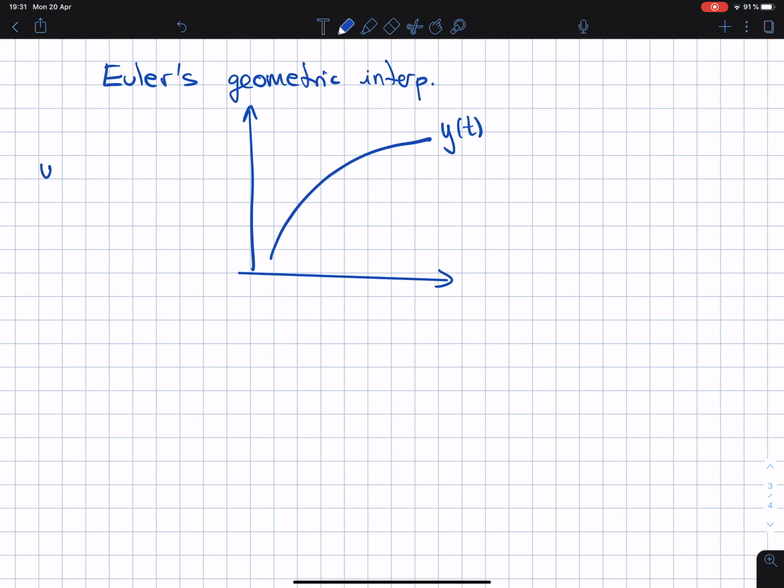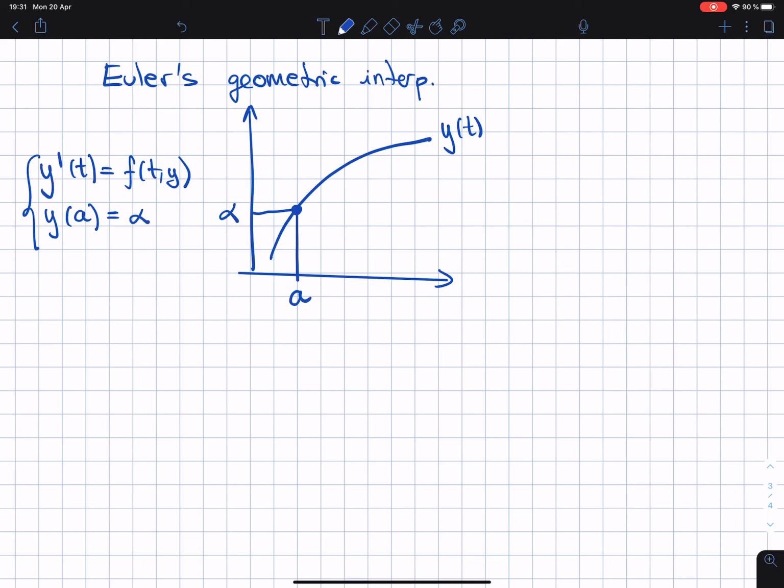Remember that we are trying to solve y prime of t equals f of t, y, and we need to have the initial condition of the problem. For example, this one. Okay, so I have my initial value problem. So for example, let's say this is a, and I have this value alpha, and I would like to go from here to the next point and approximate the solution at the next point.